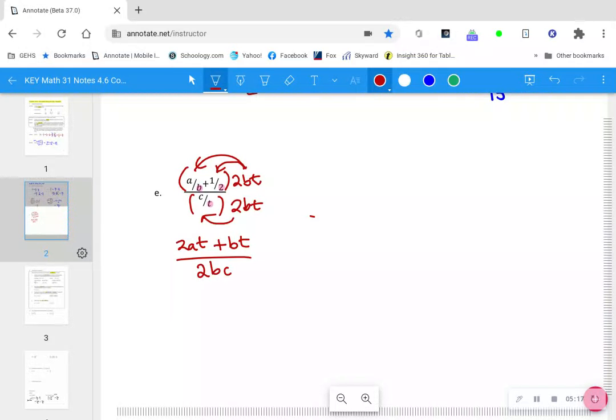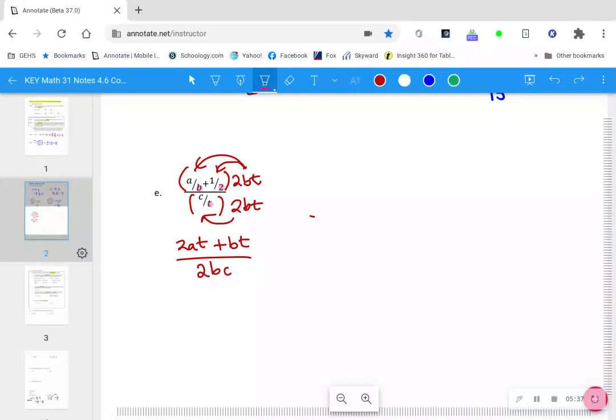Now, just to illustrate that last one, 2BC, it could be 2, and then you could turn it around. Instead of BC, you could have CB. It doesn't really matter. Now, we want to watch out here. Let's think about this thing for a minute. These here don't have the same variables, so they can't be combined.